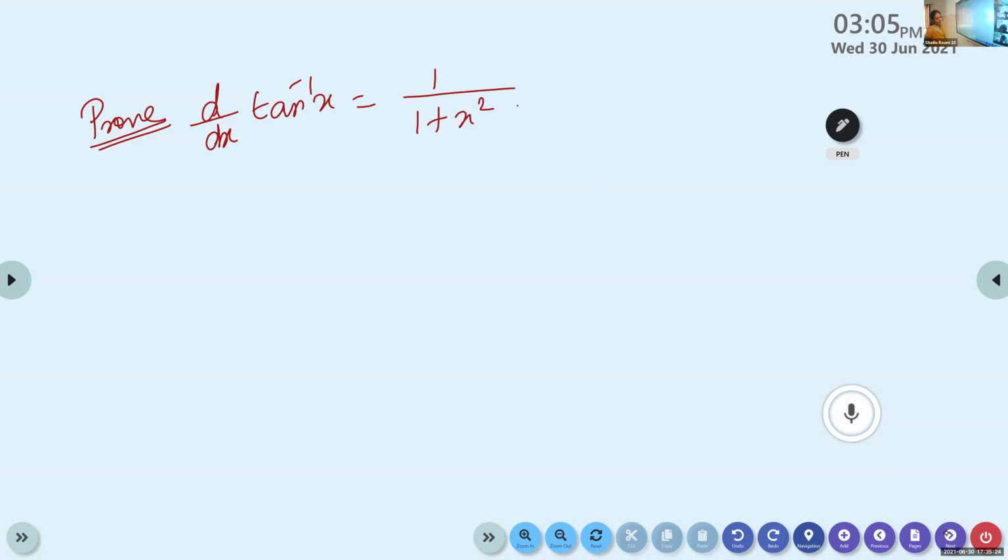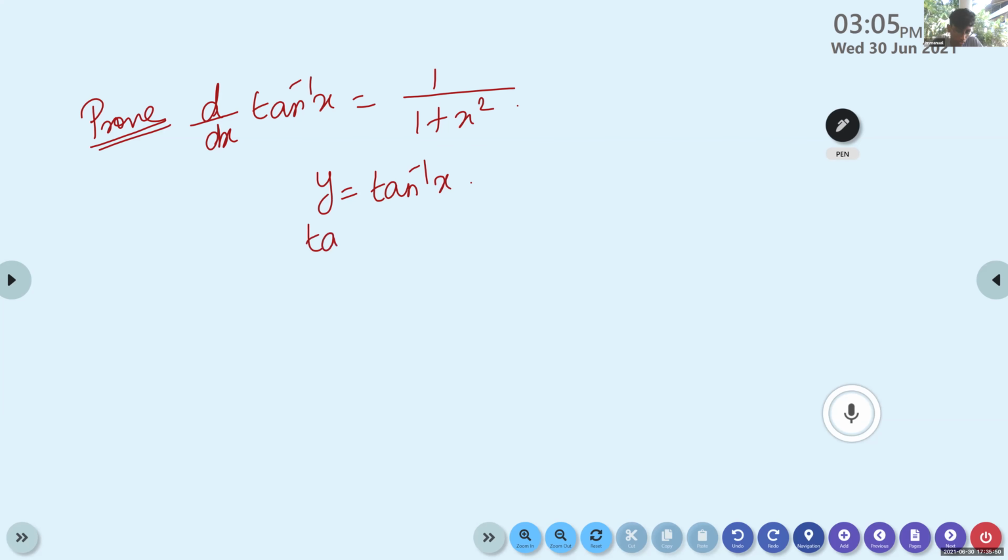find the derivative of tan inverse of x. What is the first step? Put y equal to tan inverse of x. Then next step? Tan inverse, if you take to other side, what you will get? Tan y equal to x.